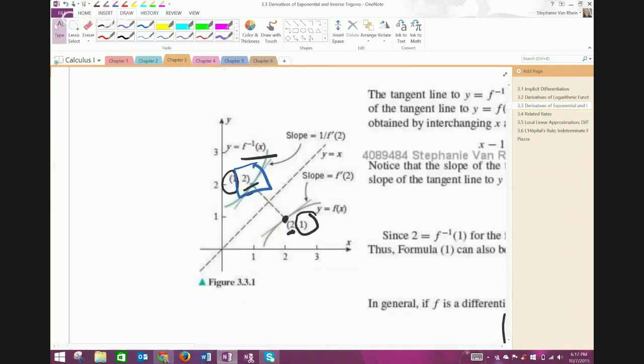I'm finding the value of the derivative of the inverse at x equals 1, but I know the point of the function at 2 because the output is 1. So if I know the original point is (2, 1), I can find the value of the derivative of the inverse function at the point x equals 1.